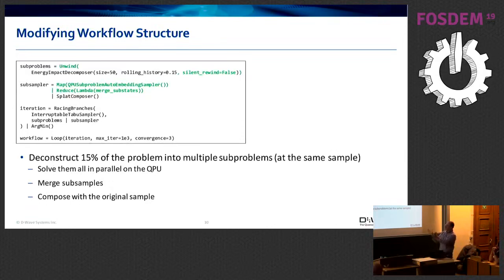So we would run the same set of subproblems on 7 basically parallel executing QPU subsample blocks. We would reduce the results into one, and we would use that to generate the next state, the next sample, which might be better or not than the one we got by the tabu solver.